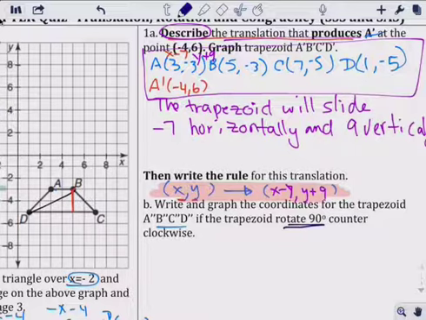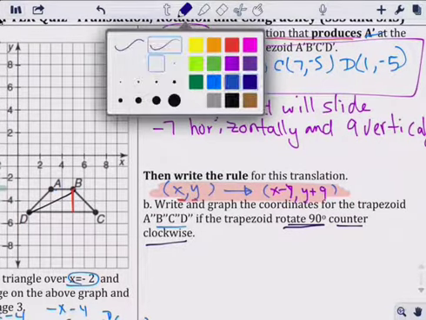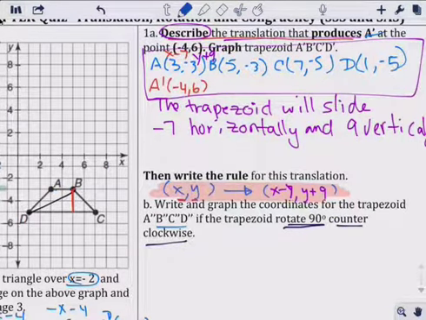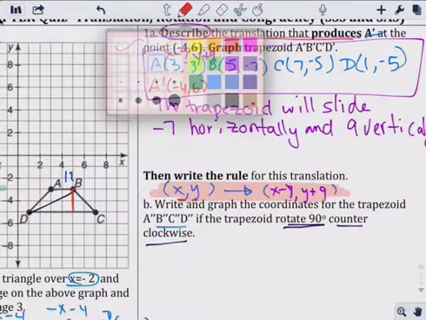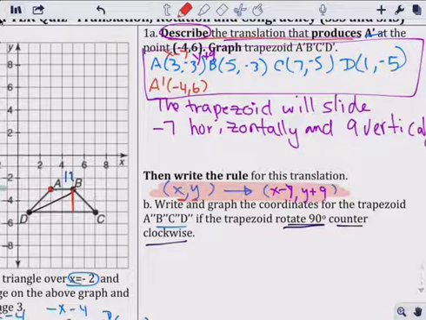Rotation of 90 degrees counterclockwise. So if I rotate, if I look at the first point, A is 3, 3. Therefore it's 3, 3 here also. That's A double prime.